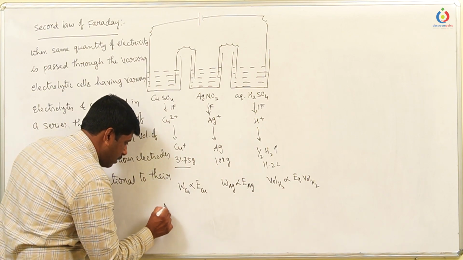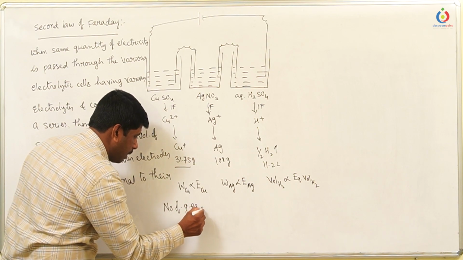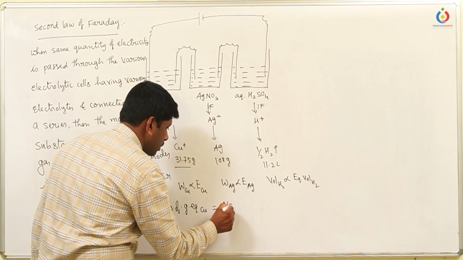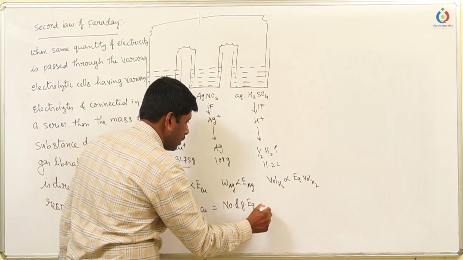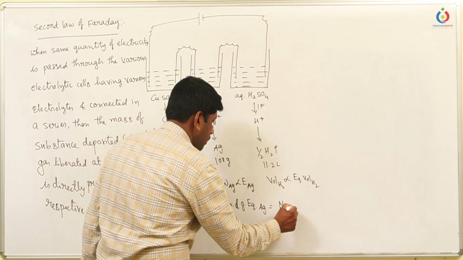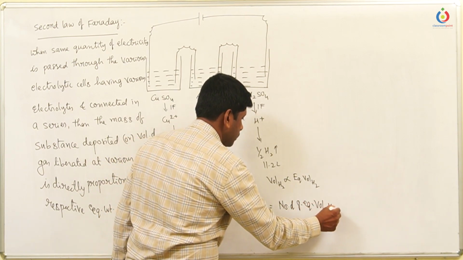So we can write that the number of gram equivalents of copper is equal to the number of gram equivalents of silver, which is equal to the number of gram equivalent volumes of hydrogen.